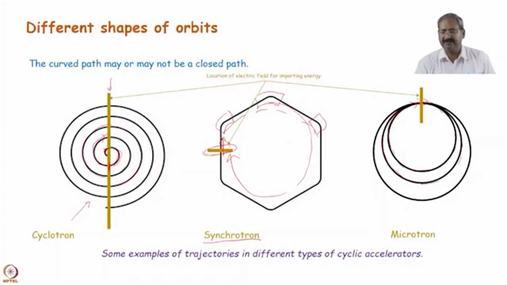In this fashion we have various circular trajectories which have a common tangent here. This kind of orbit is in a microtron. So in the next lecture we will cover the cyclotron, and after that we will cover the microtron, and in the rest of the course we will talk about the synchrotron.